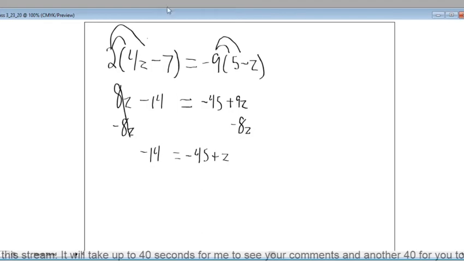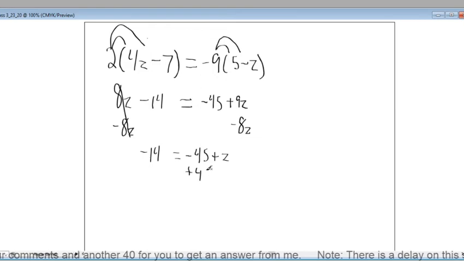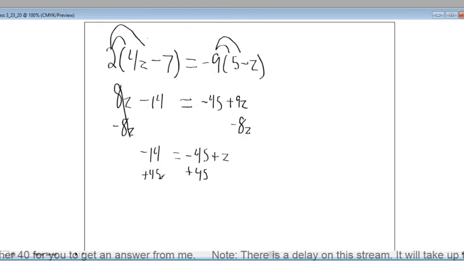So again, we want to get z by itself, so the only thing left here that's keeping it from being by itself is this negative 45. So we're going to need to take negative 45 to this side. All right, so we're going to add 45, add 45. Again, keep that balance.